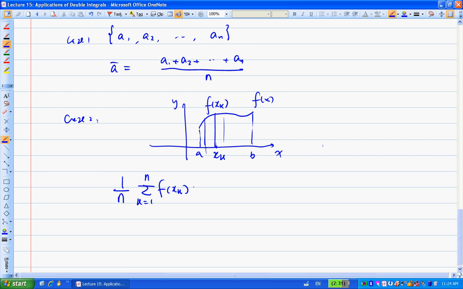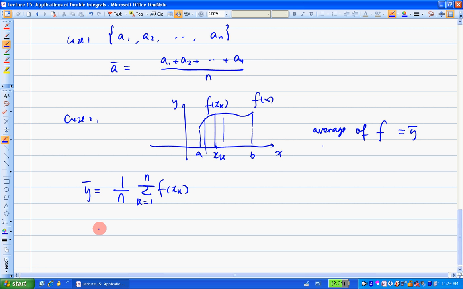Now let's say this is y bar here. Average of f here, which is the y bar. Now I'm going to multiply by delta x at the bottom here.